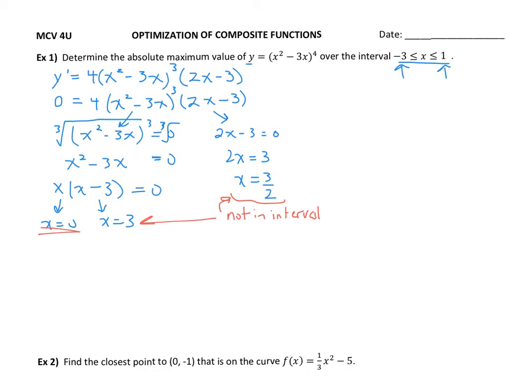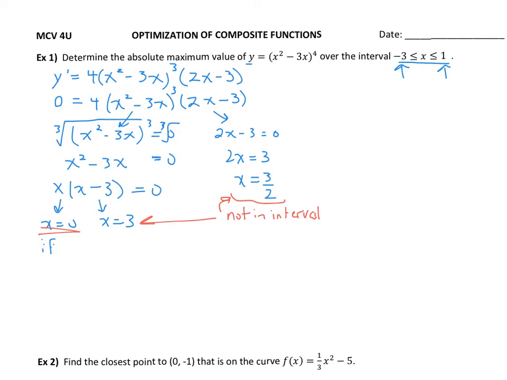So in terms of a fixed interval, at this point, all we need to do is evaluate the actual value of the y, the actual function's value, at those particular values. We're going to try when x equals 0.